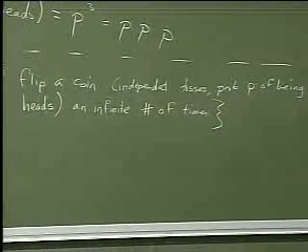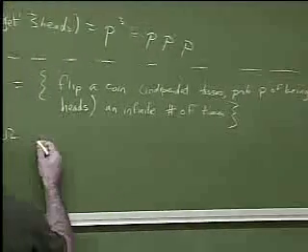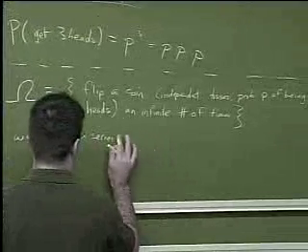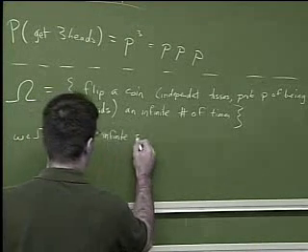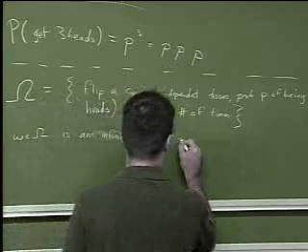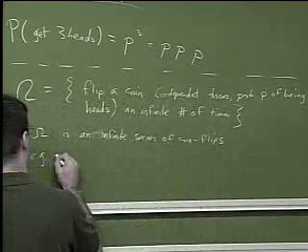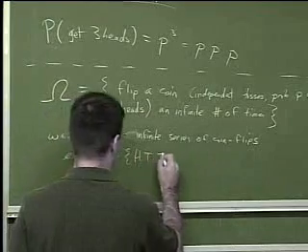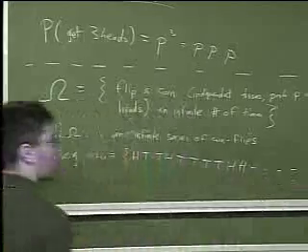I'm going to flip this coin over and over and over again, millions of times. Let's define some random variables now. So omega, little omega, in omega, is an infinite series of coin flips. Right, so for instance, omega could be heads, tails, tails, heads, tails, tails, tails, tails, heads, heads, heads, going on forever.